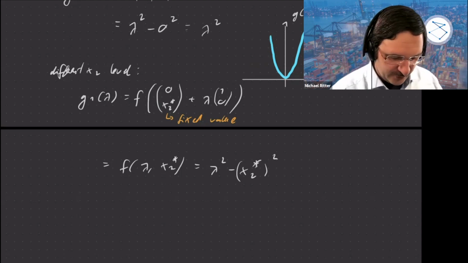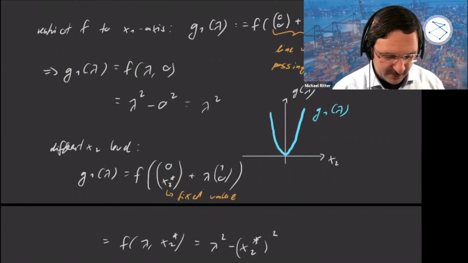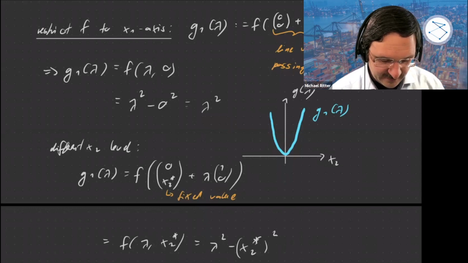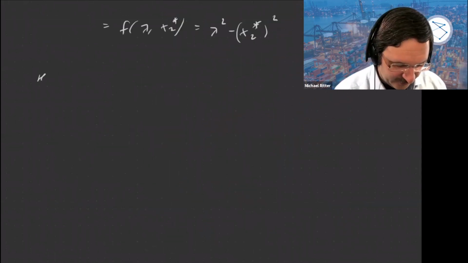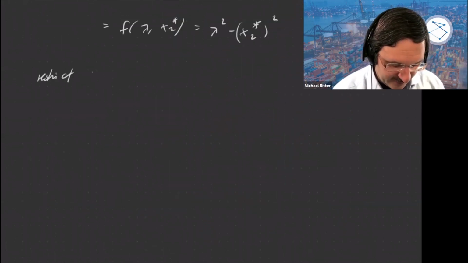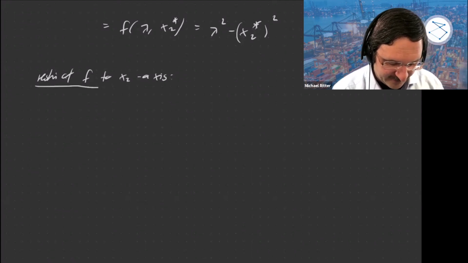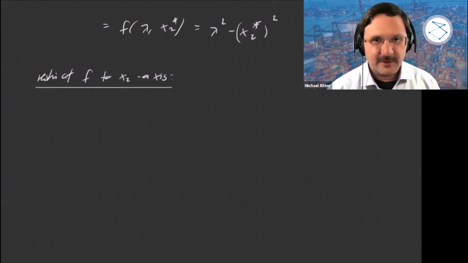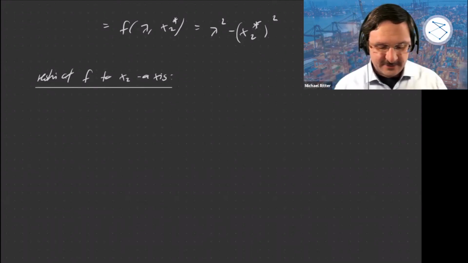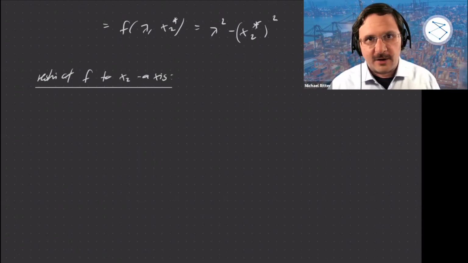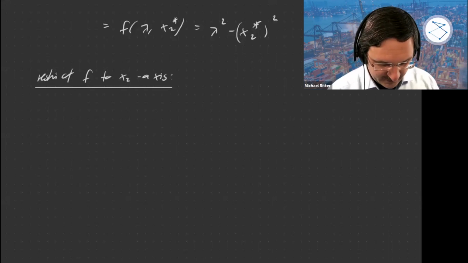And of course, if we do the same thing along the x2 axis, so basically now we restrict f to the x2 axis, meaning we fix the value of x1, 0 in the easiest case. And we just vary the value of the x2 input.